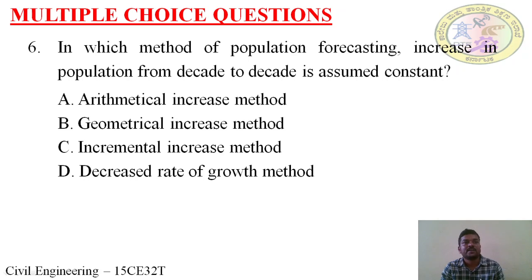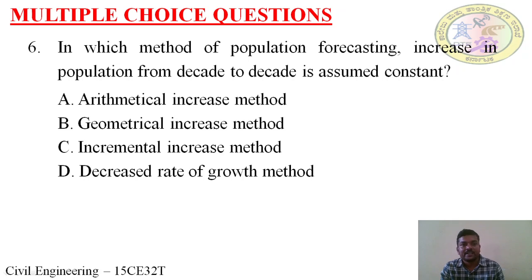Sixth question. In which method of population forecasting is the increase in population from decade to decade assumed constant? Option A, arithmetical increase method. Option B, geometrical increase method. Option C, incremental increase method.